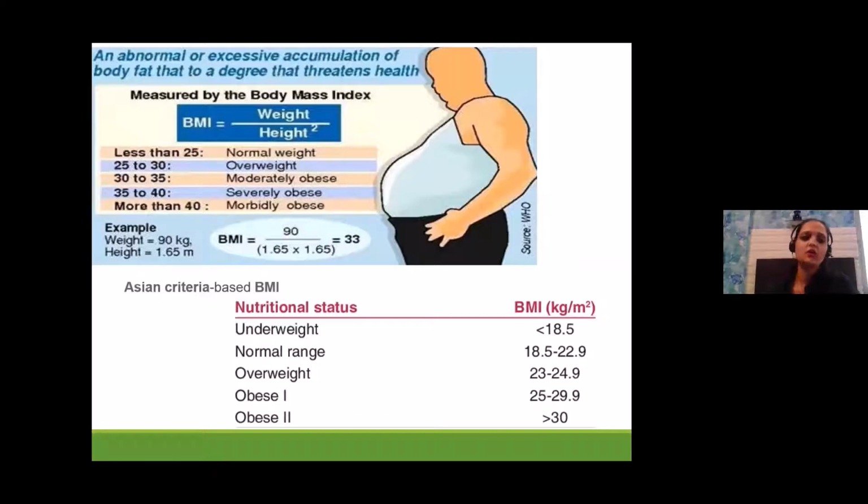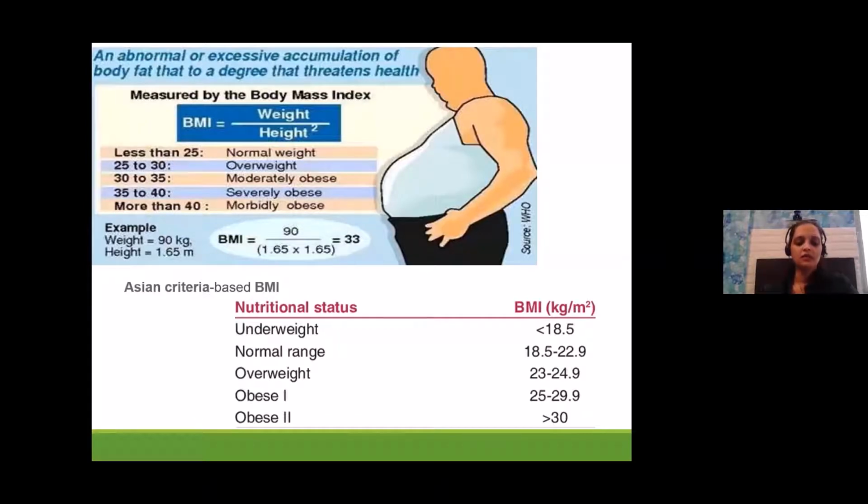But the Asia cutoff is a little different and lowered because of the genetic predisposition to carry higher fat percentages. According to the Asian category, the obese category starts right from 25 as compared to 30, and grade 2 obesity starts at more than 30 itself.